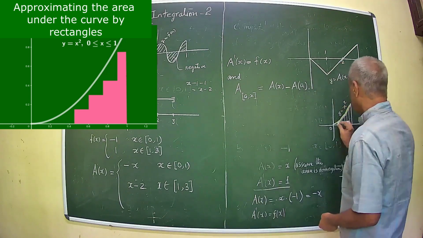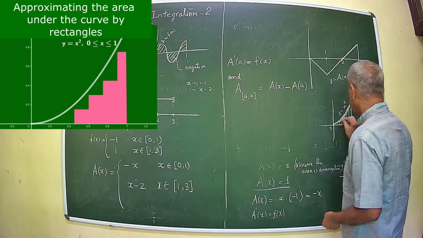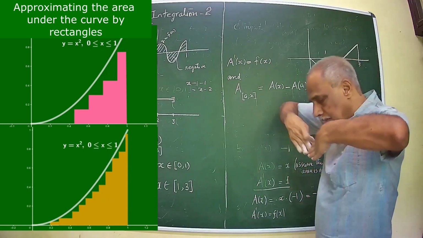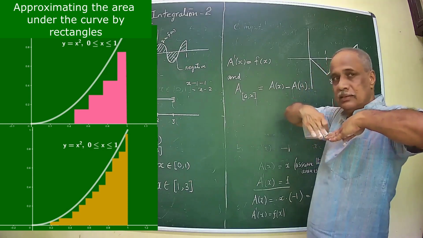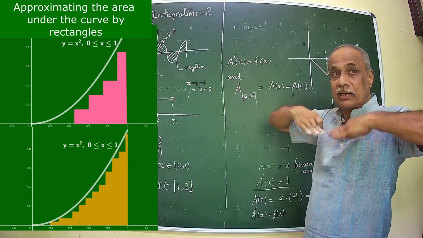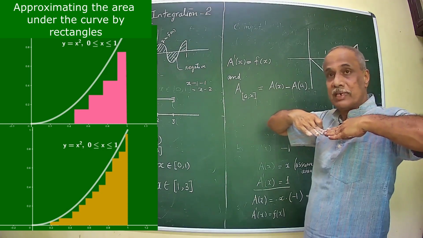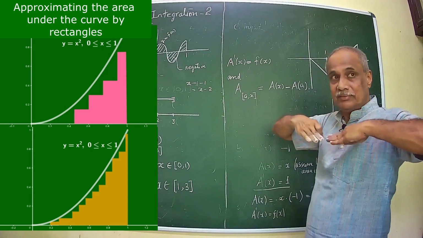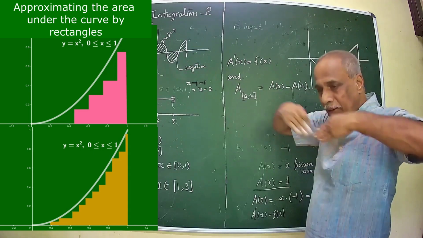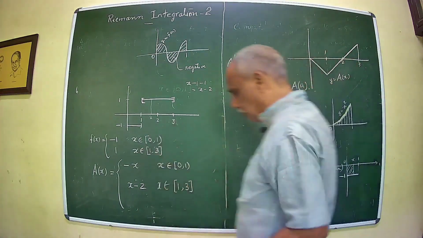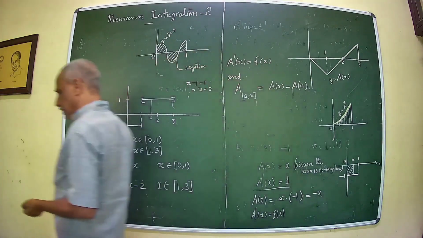Now if you further subdivide, choose more points, you see that the polygonal curve will start hugging the given curve closely. So it approximates it better and so on. If you use a polygonal curve, you know how to calculate the area.